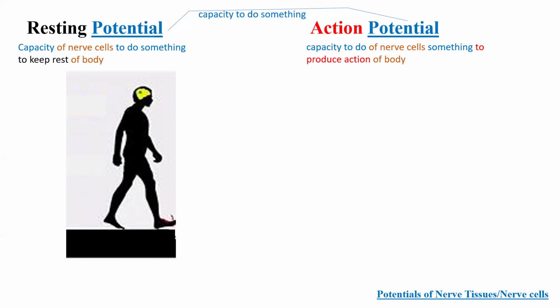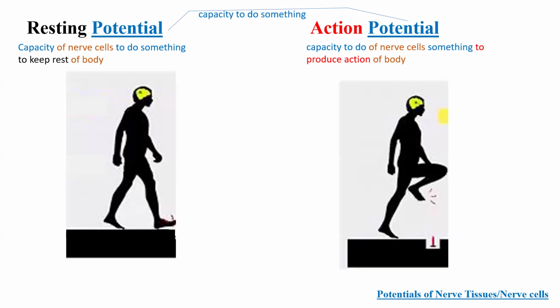This is the resting position of the body, but there are certain actions inside your body that keep you calm, a particular state of the body that we define here as the resting potential, and we will look at how it happens according to chemistry, physics, and biology.